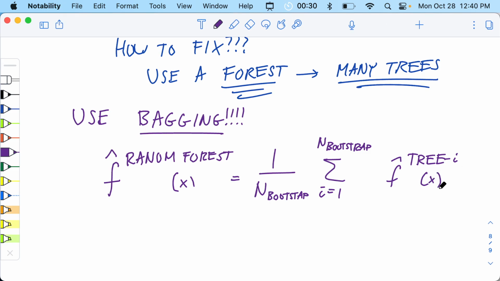This technique of running many bootstrap samples and then combining them like this is called bagging. And each tree i is trained on bootstrap sample number i.